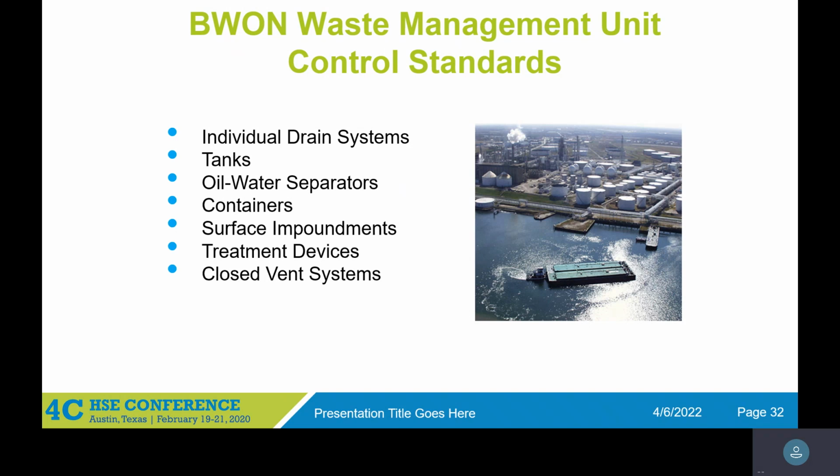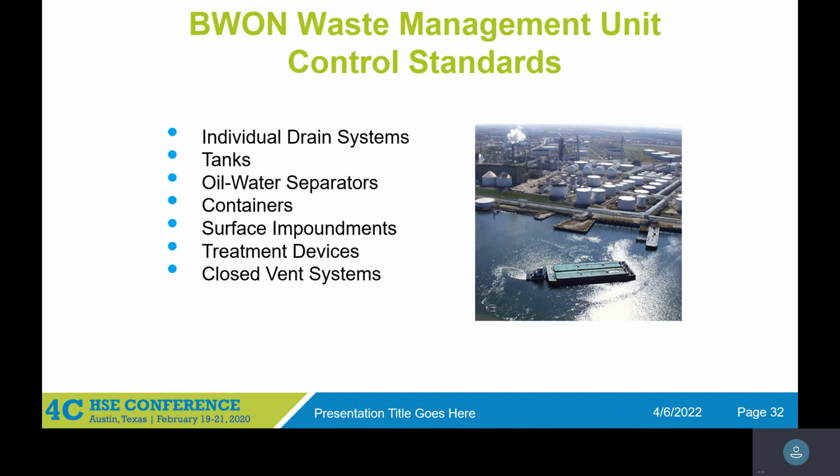Individual drain system, it includes all the sewer system, which includes the drains, junction boxes, the sumps, the manholes, the catch basins, the above ground sewer lines that we were talking about earlier, slop lines, etc. Oily water separator, you have your APIs, your CPIs. I think those are pretty easy to spot out.